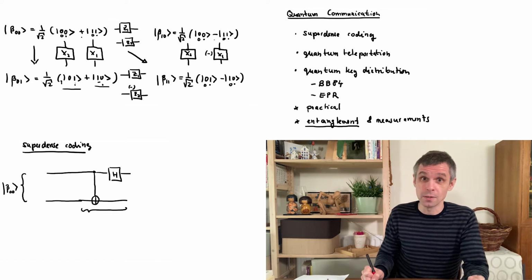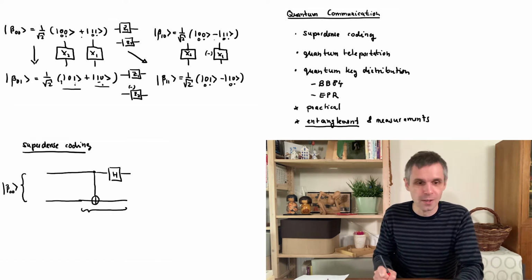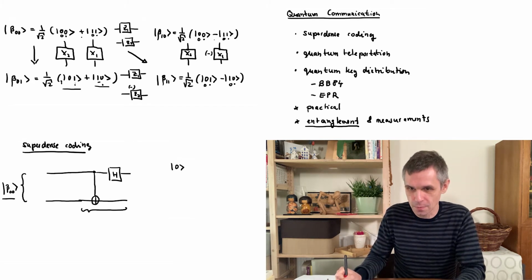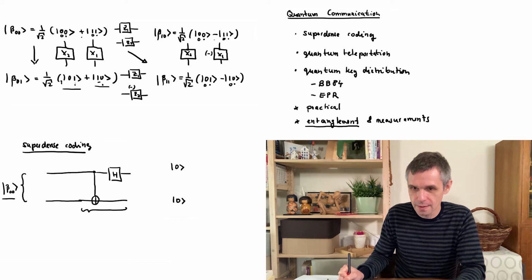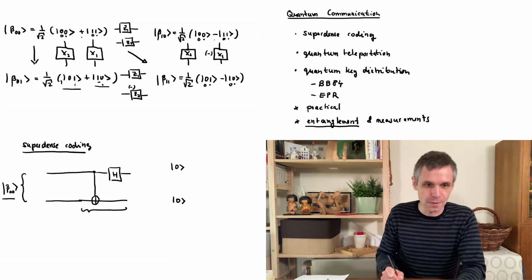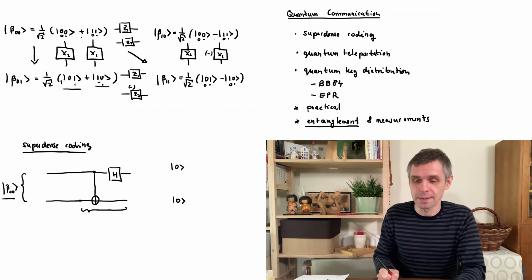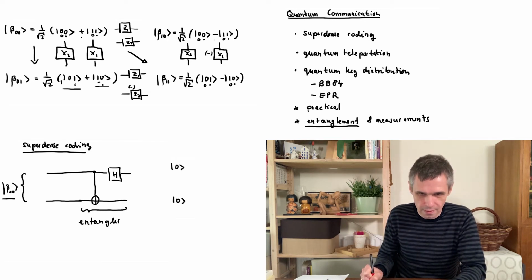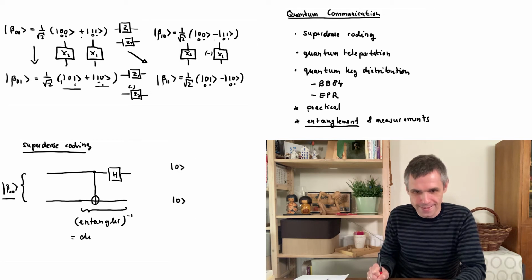And so this is actually doing the opposite of the entangler. So starting from this Bell pair here, we would just end up in these computational basis states. And running it in the opposite direction, we obtain this Bell pair here. So this is the inverse of our entangler circuit. And I'm going to call it the disentangler.